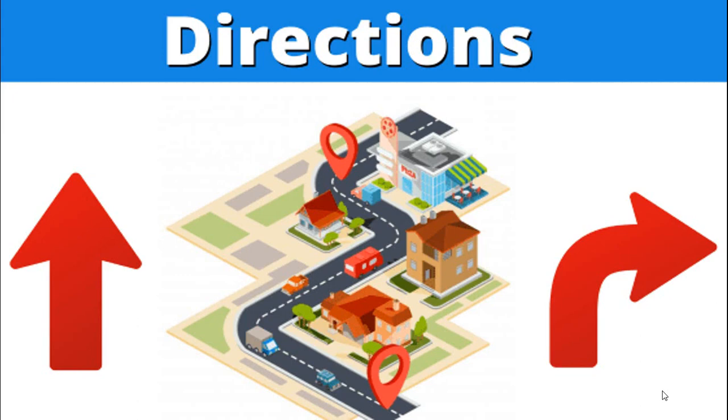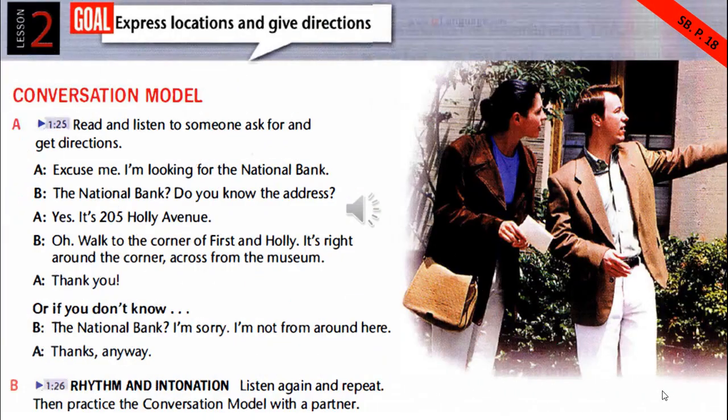If I know the information, I will say it. But if I don't know, what should I use? Today, inshallah, we are going to learn how to give information about directions, and if I don't have enough information, how to answer.